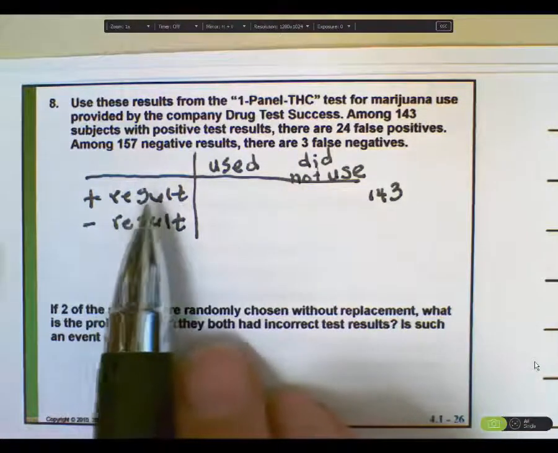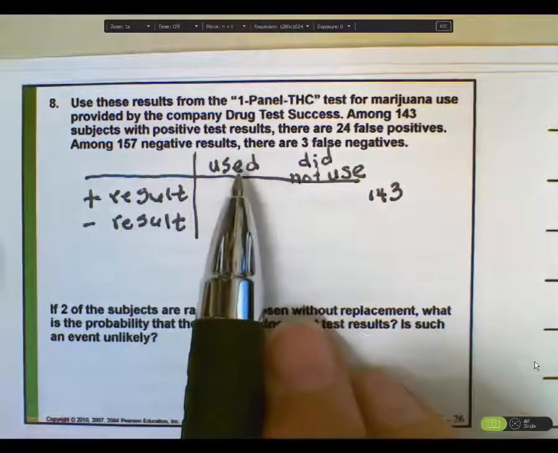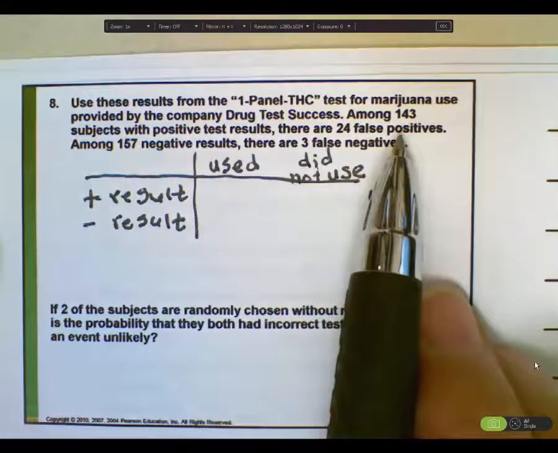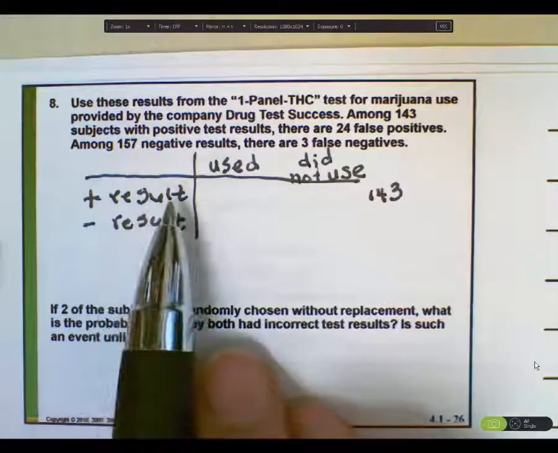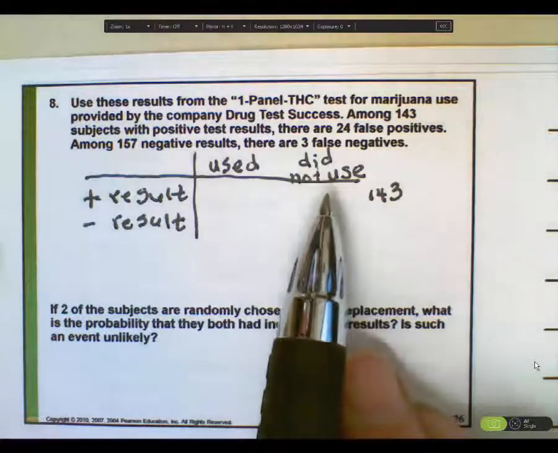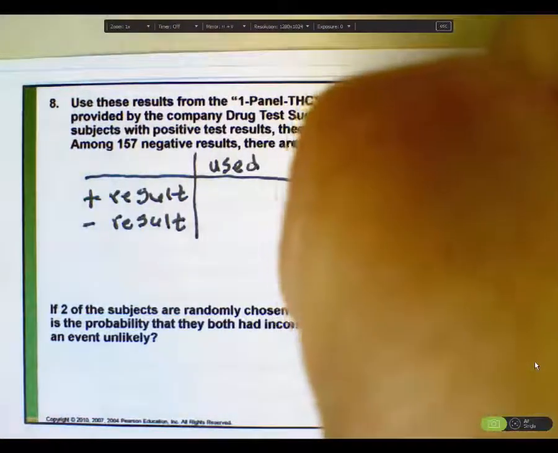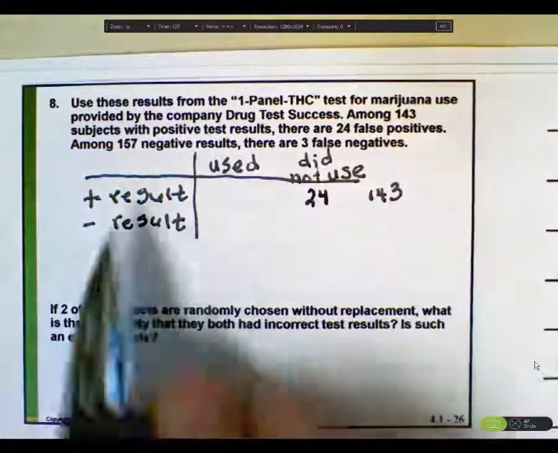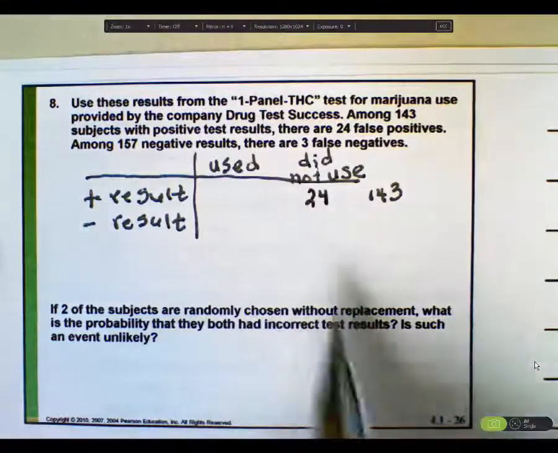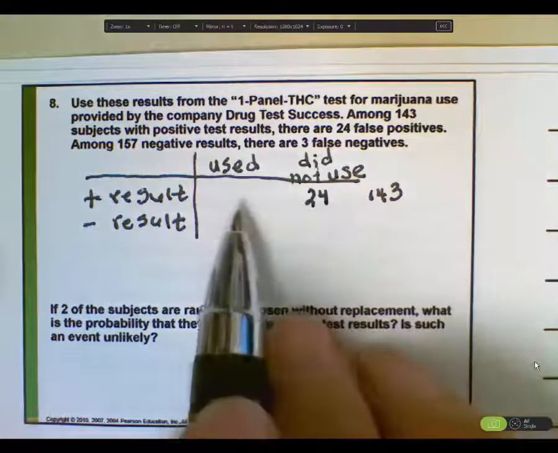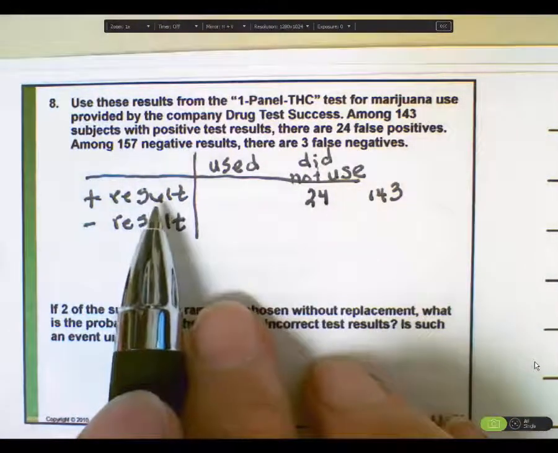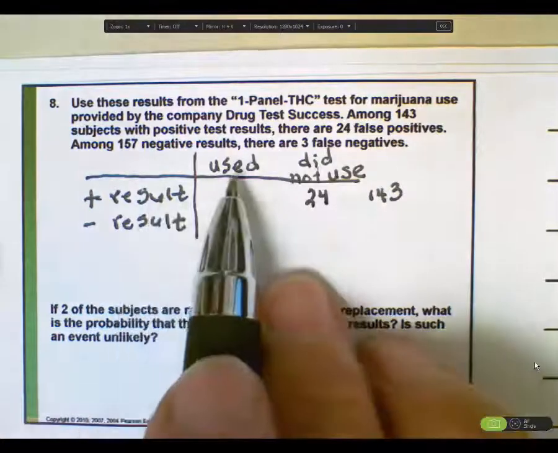If you have a positive result, that should correspond to using, but there were 24 false positives, 24 people who had positive results but weren't using marijuana. So those false positives go under the positive results but not really using, and I can subtract to get the number of people who received true positive results.